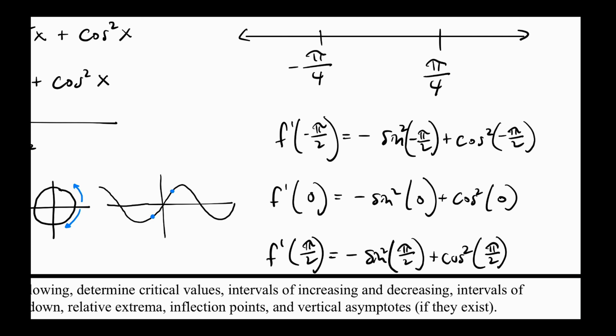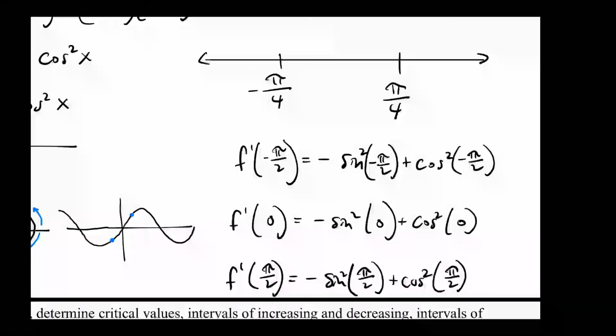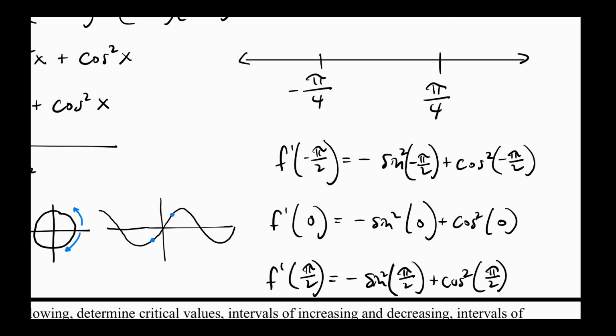As long as it's a value within the interval, greater than negative pi over 4 and less than pi over 4. This one has brackets around the pi over 2 and negative pi over 2, so that means I can use those. If it was parentheses, I couldn't use those. Again, I just care about if it's going to be a positive or a negative answer.